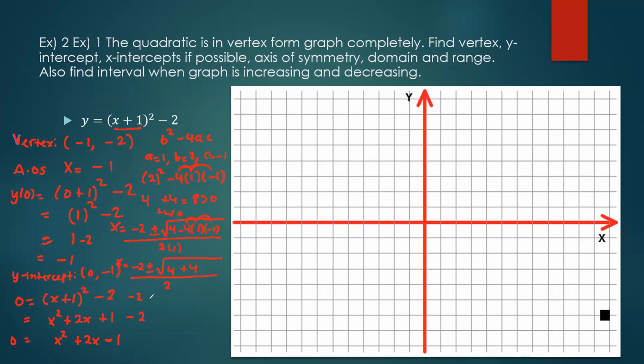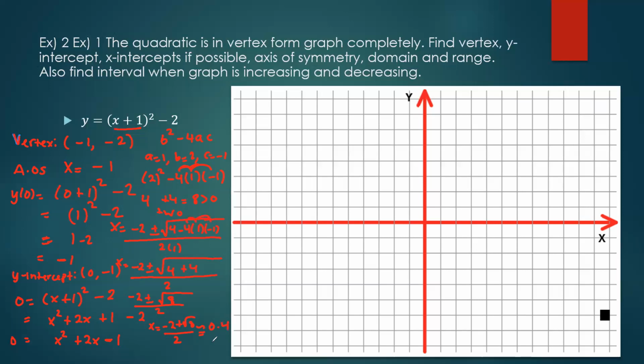That's -2 plus or minus root 8 over 2. I need actual zeros, so I'm not going to simplify, I need a number. Our first x-intercept is -2 plus radical 8 all over 2, which is 0.4.